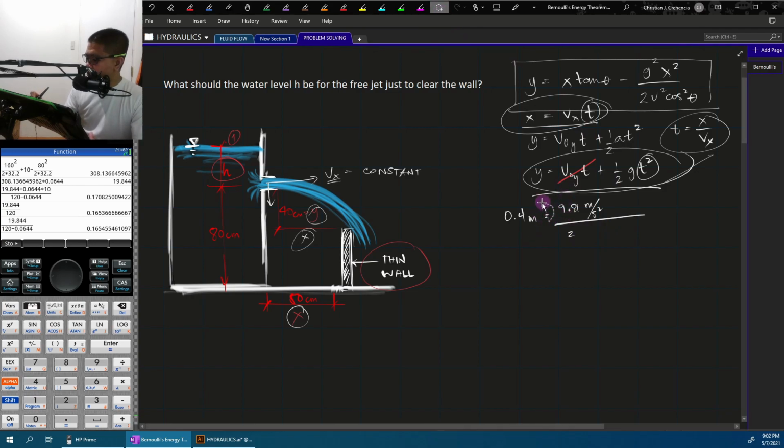Let me just move this. Then, the time t is x over v sub x. So, our v sub x is the velocity itself because our initial velocity is also horizontal. So, we can remove the subscript x from v. So, distance x, we have 50 cm or 0.5.